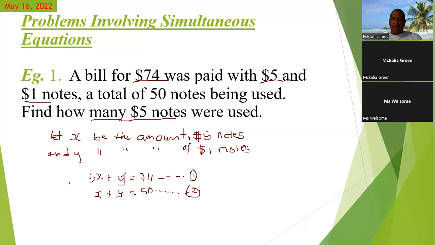So in order to eliminate Y, because we want to solve for X, what must we ensure is happening with the Y's in order to eliminate them? They are the same, sir, equal.